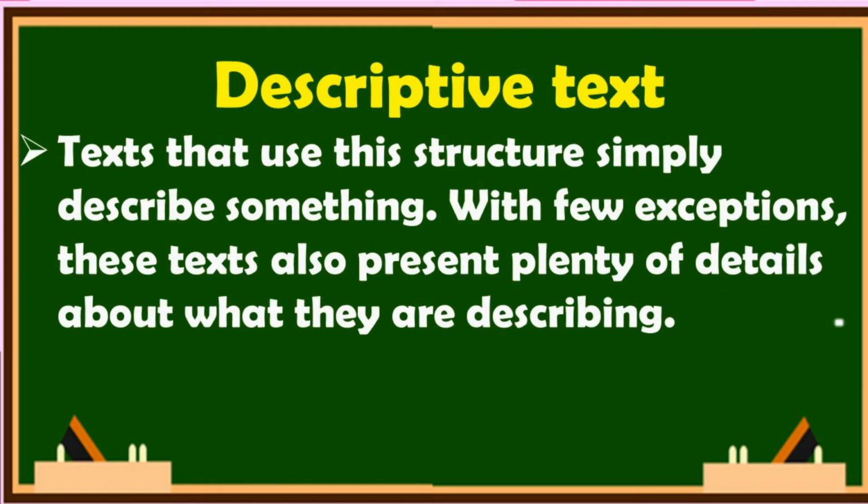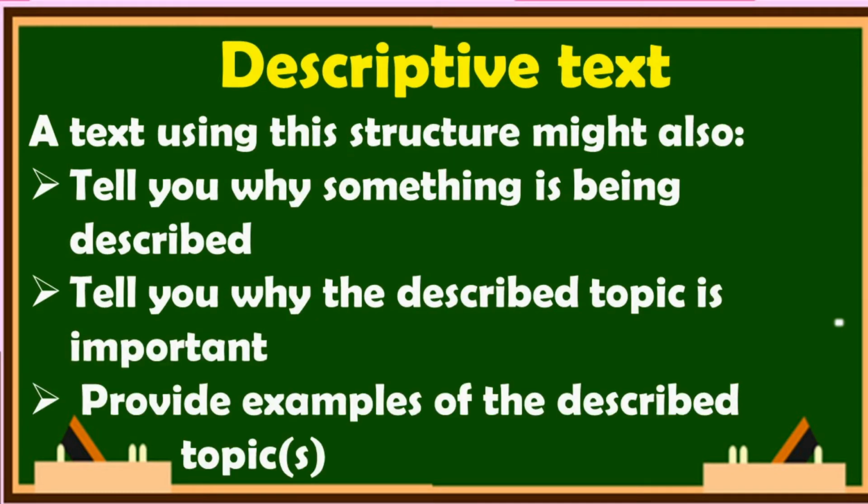Texts that use this structure simply describe something. With few exceptions, these texts also present plenty of details about what they are describing. A text using this structure might also tell you why something is being described, tell you why the described topic is important, and provide examples of the described topics.